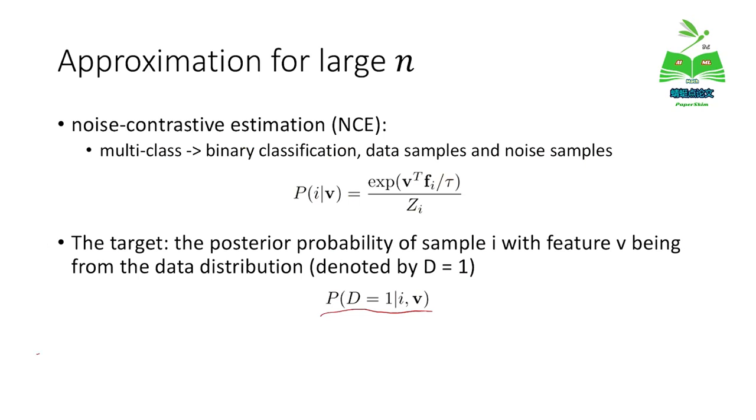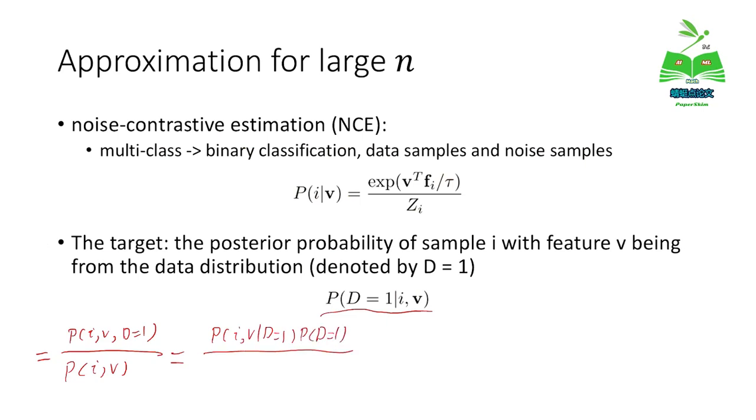I can do some derivation step by step. It's equal to this one divided by this one, based on the conditional probability. Then use the Bayesian rule. It's equal to P(i,v | D=1) P(D=1) over that plus P(i,v | D=0) times P(D=0).